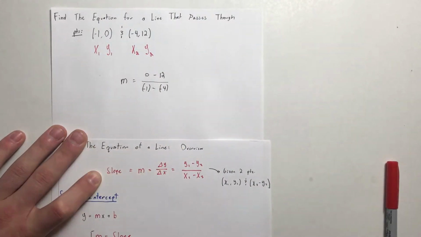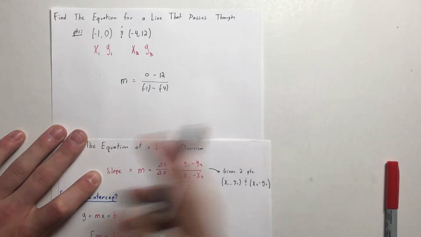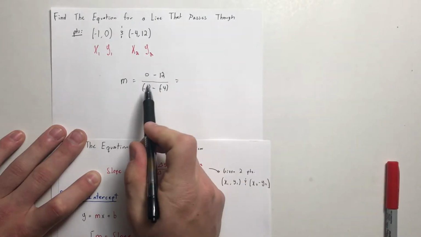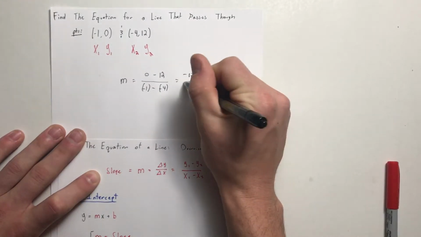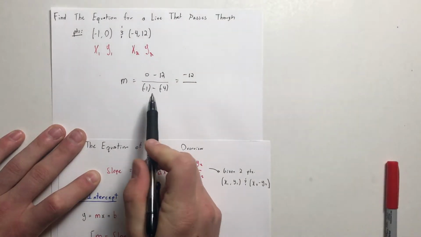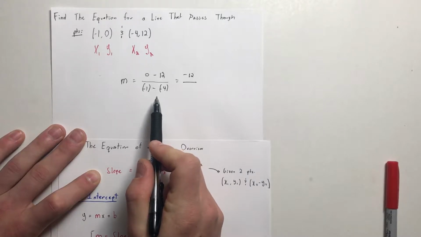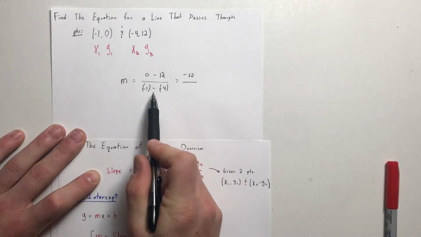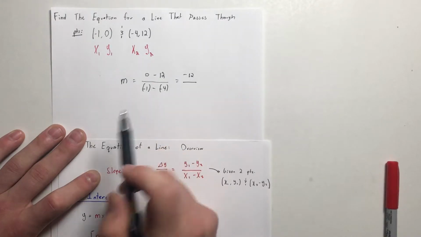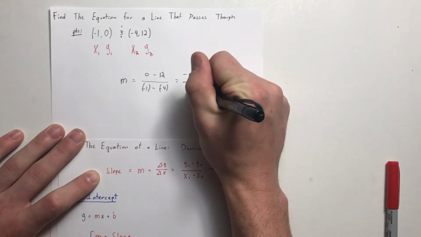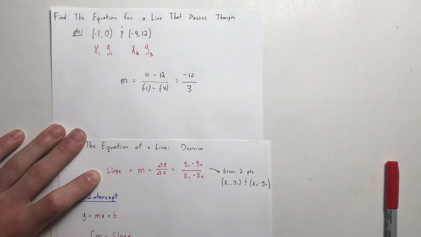Whenever I have negatives, I like to use parentheses just so that I don't drop any negatives when I'm doing this. So 0 minus 12 is going to be a -12, and then -1 minus -4 is, well, if we have a -1 and then a double negative here, this is going to become a plus. So we have -1 plus 4, so we're actually going to get a +3 down here.